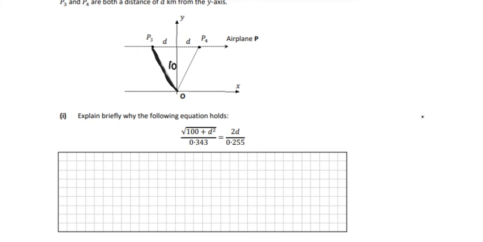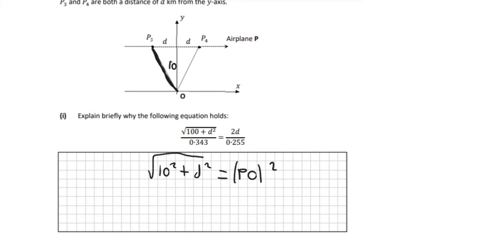So you can use Pythagoras then to get the distance from P3 to O, and that's where that top bit of the first part of the equation comes from. So you know that 10 squared plus d squared would equal PO squared. That should make sense. That's just Pythagoras.